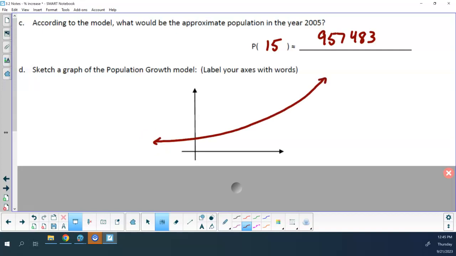type of a graph. The kicker is the direction said we need to label our function or our graph with words. So over here, I would say that this is population in thousands.